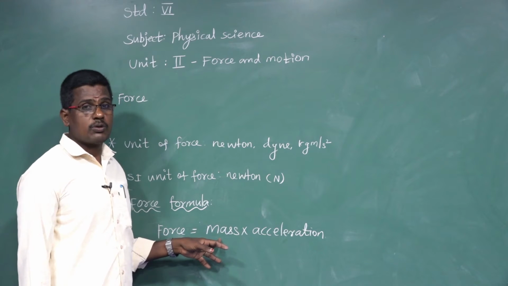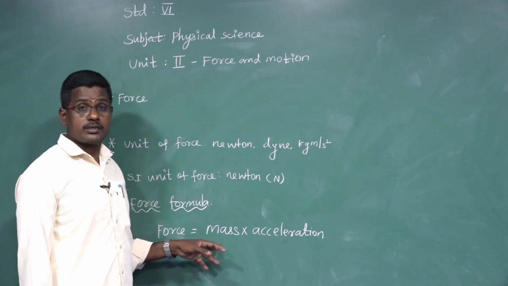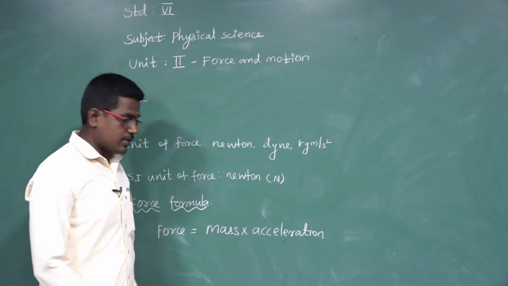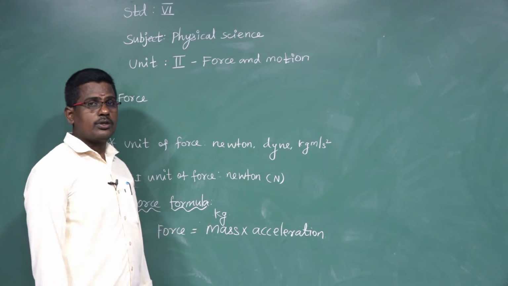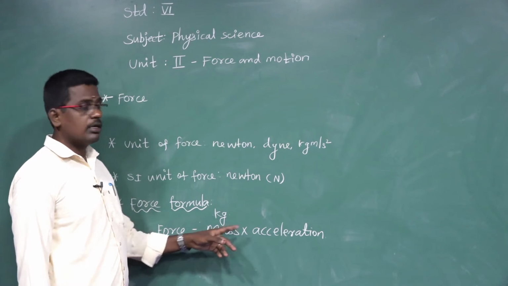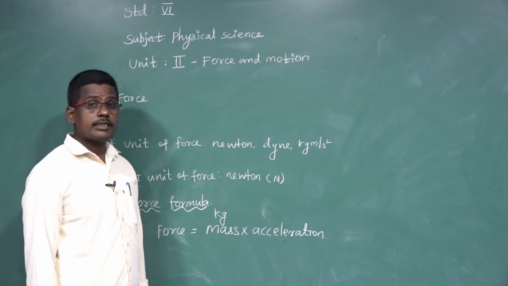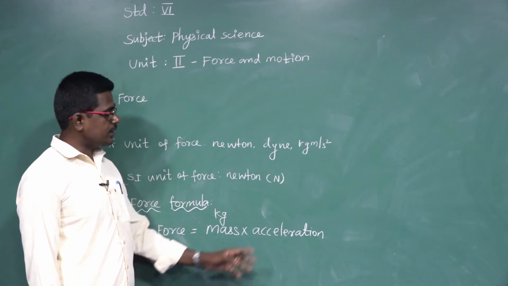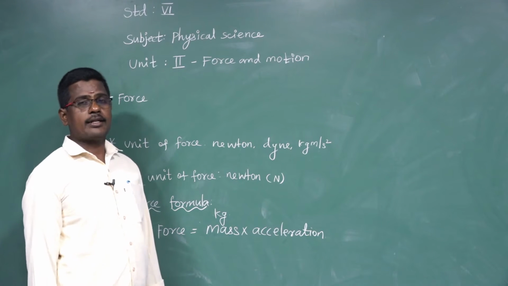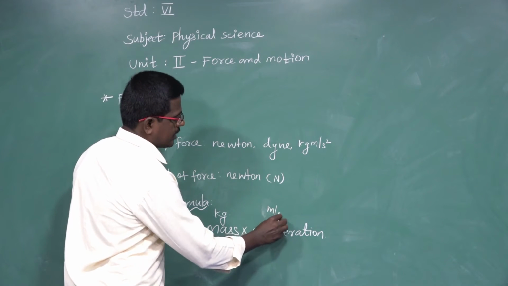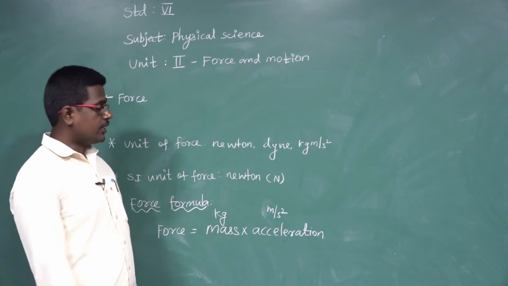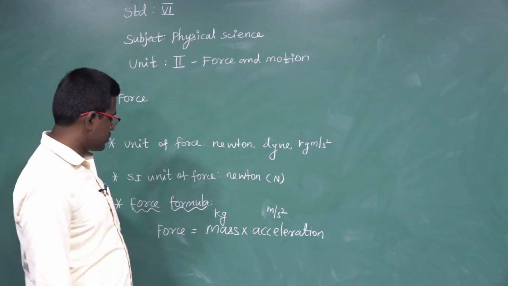Mass is a fundamental quantity. The unit of mass is kilogram, symbol kg. What is acceleration? The rate of change of velocity is acceleration. The unit of acceleration is meter per second square.